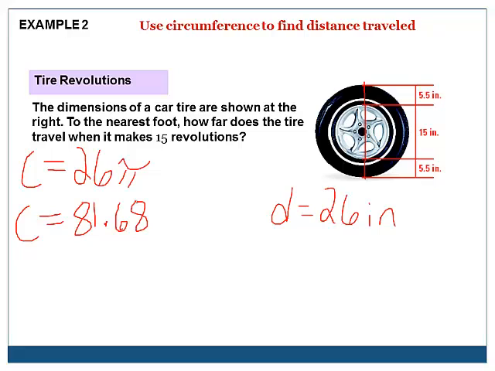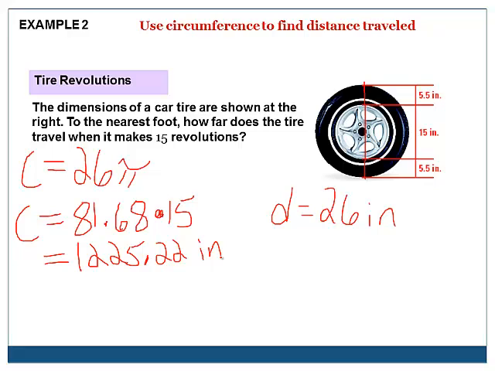Since we're doing 15 revolutions, we need to take our circumference and multiply that by 15. After you plug that into your calculator, you should get 1,225.22 inches. Now we need to go back to the problem and see what it's asking for.